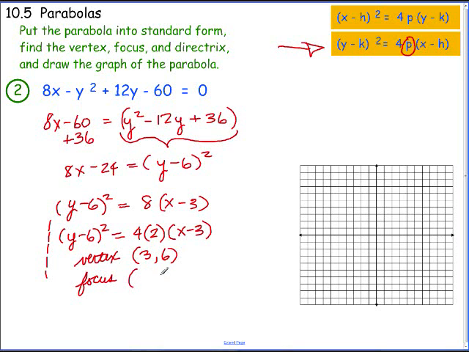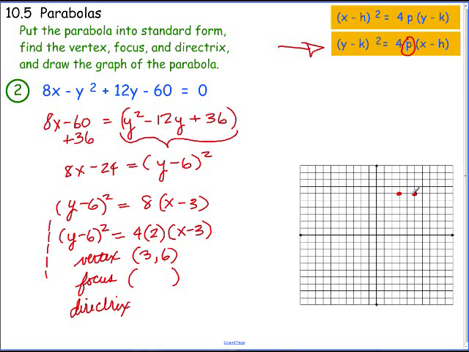My focus will, well, let me do my drawing first. I think that'll help us. We'll also find the directrix. Okay, so my vertex over 3, up 3, 4, 5, 6. So there's my vertex. My p is a positive 2, and it has to go this way, right? Perpendicular to the directrix.